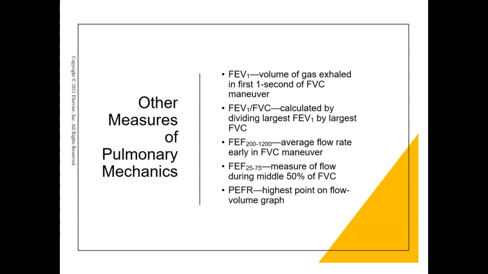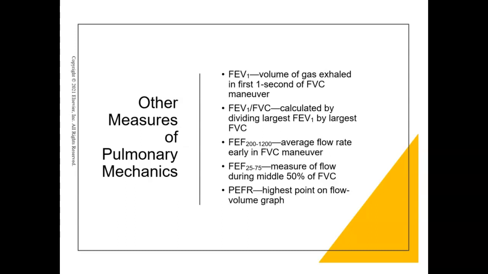All right, so some of the other measurements that you're going to be looking at is your FEV1. Like I said, that's the volume of gas exhaled in the first second. That FEV1/FVC is the most important because it really shows that rate relationship and indicates whether or not the patient has an obstructive disease.